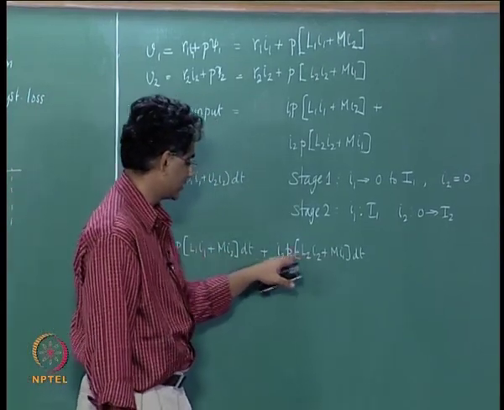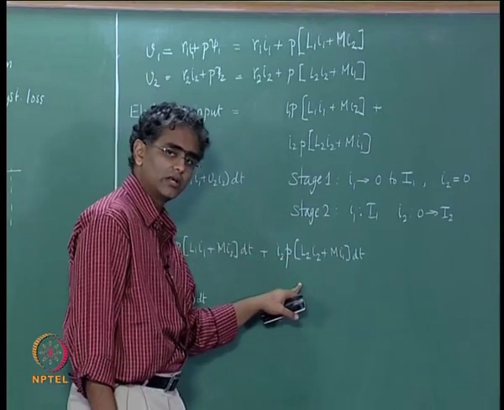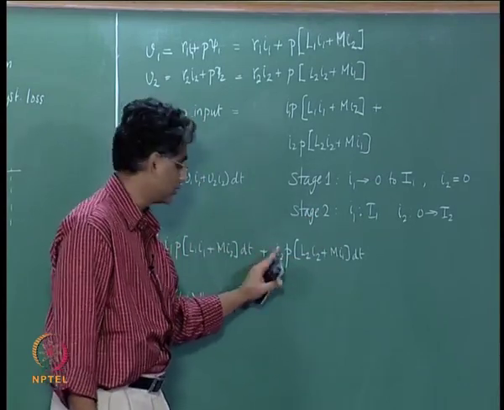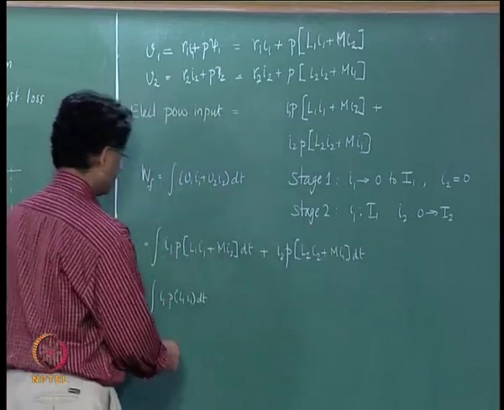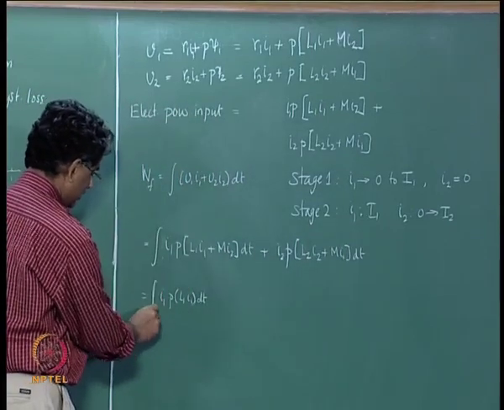In the second expression I2 multiplies this whole thing and therefore I2 being 0, this term does not give anything.